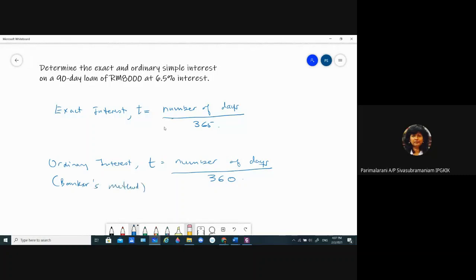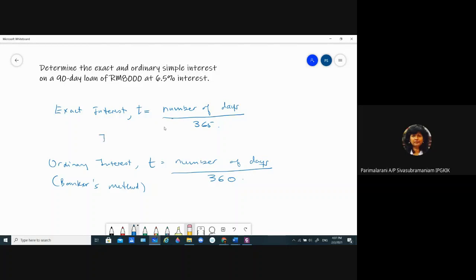Now determine the exact and ordinary simple interest on a 90-day loan of 8,000 ringgit at 6.5% interest. Let's calculate the exact interest first. We're using this formula.